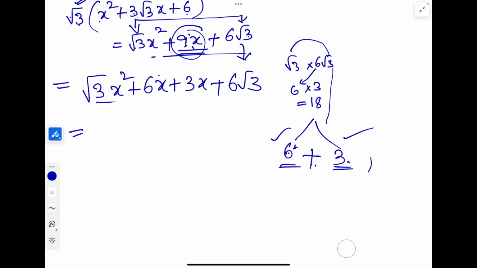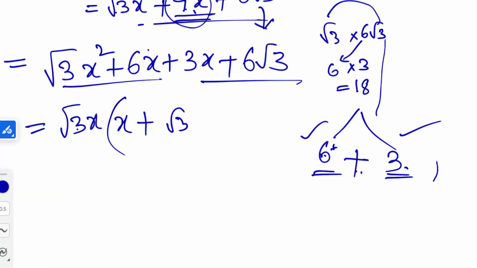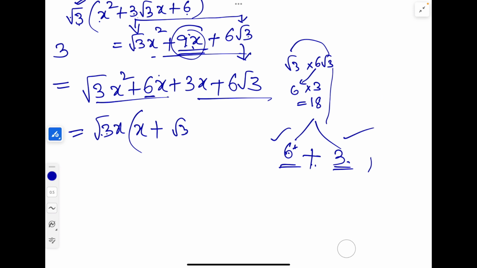Now see here, grouping. In this, you take root 3x common, children. What is left? x plus, as we have discussed in the previous sum also, first write root 3. Root 3 times root 3 is 3. Now we need 6, so write 2. Plus in this, you should take 3 common because here we have 6.